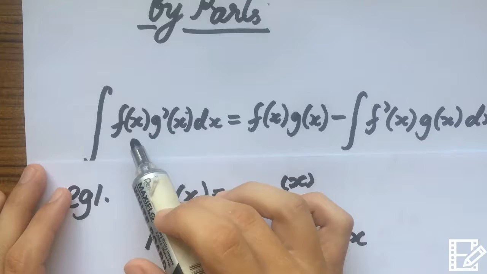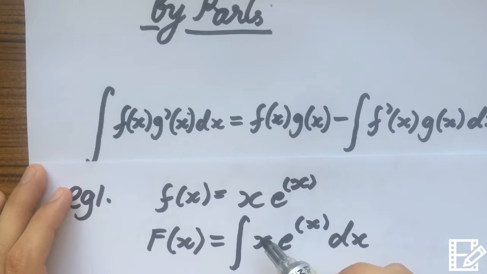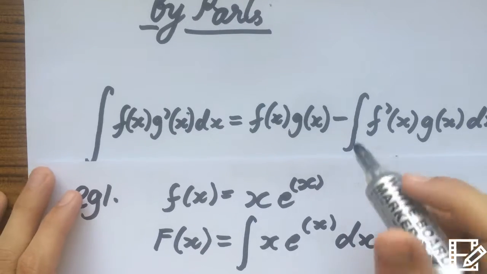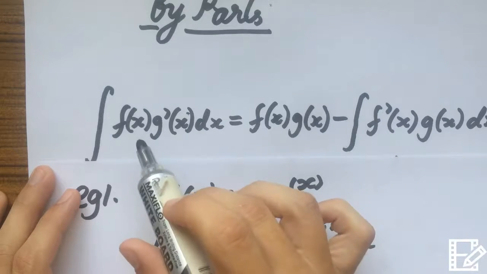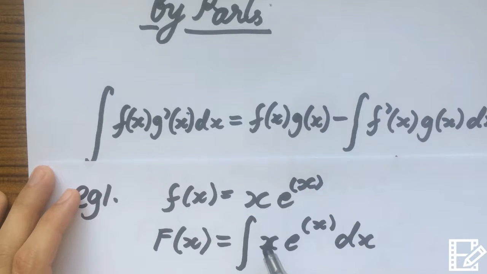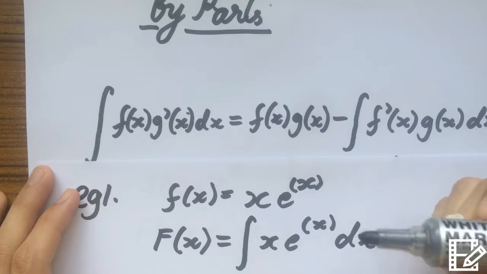One of these needs to be, and think about it this way, we need a derivative of f(x), so the one we pick to be f(x), we have to derive, and we need to find g(x). So the one that we pick as g'(x), we need to find the integral of.